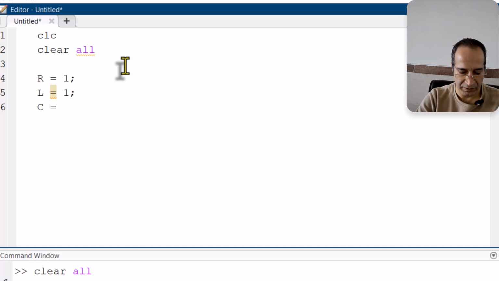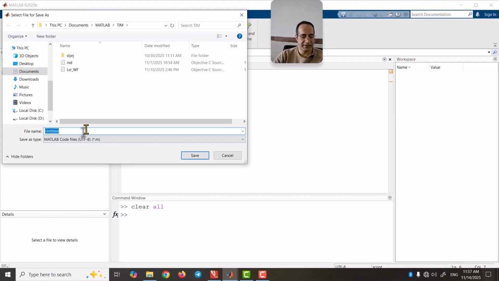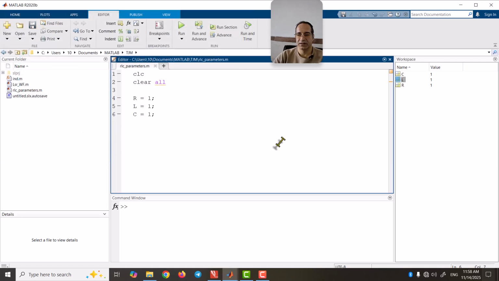RLC 1. This is an easy example, and I'm going to run this and save it as RLC underline parameters. That's it. You see RLC are defined and have values in workspace.